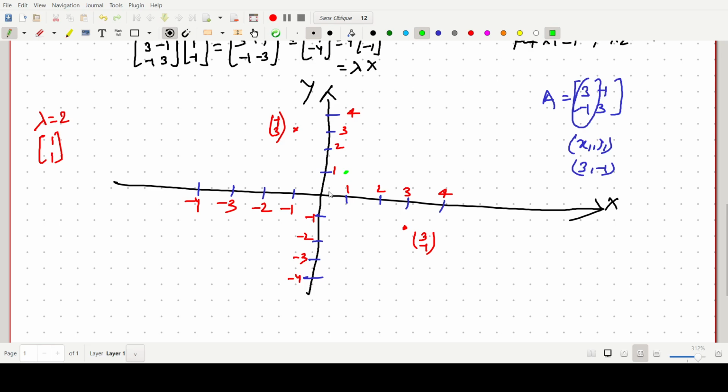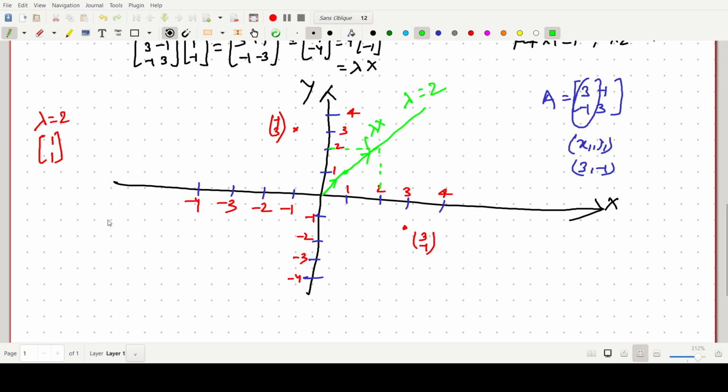So this is the eigenvector 1, 1 for lambda equals 2. Now the line for lambda equals 2 gives this value, which is lambda x. Is it okay or not? That is lambda x for lambda equals 2.